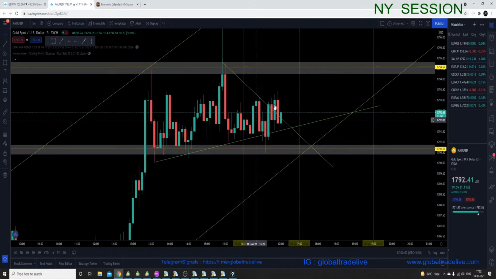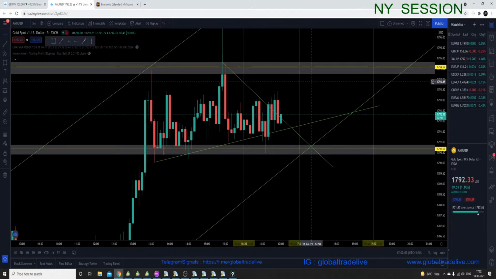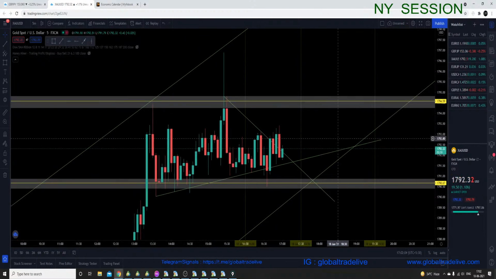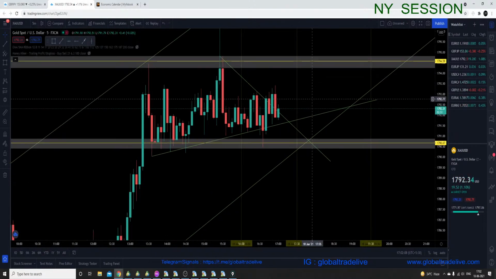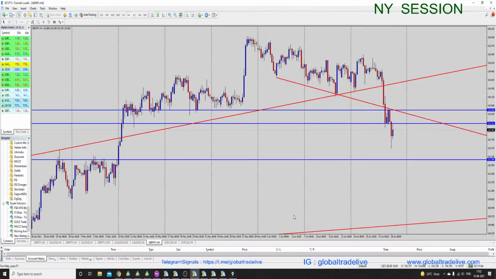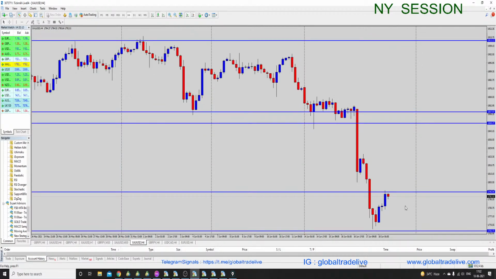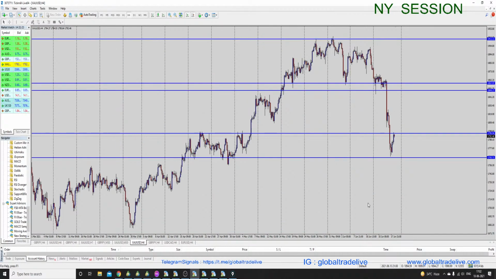See, that's why I don't like gold. Nobody knows what the hell gold is doing and where it will be going. It's just stuck at one place here. But the thing is, yes, it can reject this area. It will take a while, but eventually it will be coming down.